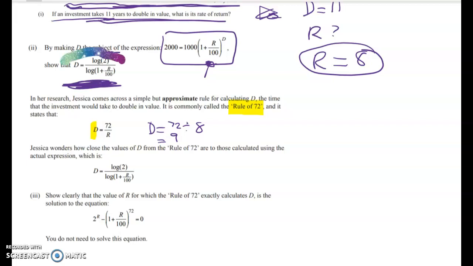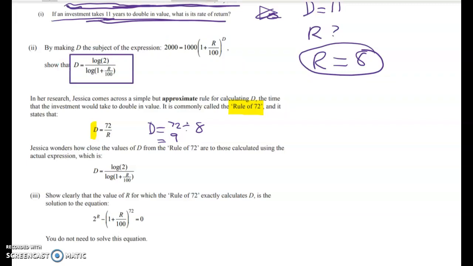So in the first part of the question, we worked out that this was the doubling time. So this is the exact doubling time, right? This is the approximate doubling time. And she wants to know how close together they are.